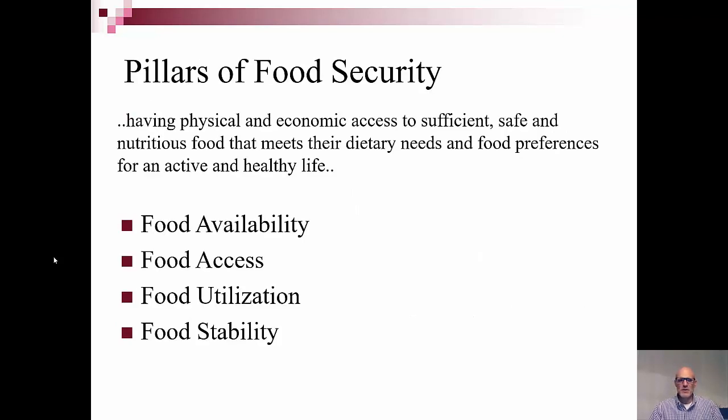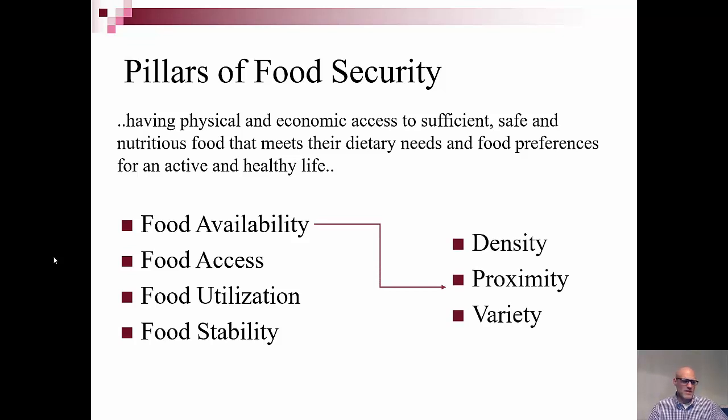So when we talk about pillars of food security, and I try to harken back to our research, we look at the digital geospatial representation of the food environment so it can be analyzed, mapped, and used for application of geostatistics. So we have food availability, essentially how close are you to healthy food? And there's a couple of ways to measure it, via density or proximity or variety.